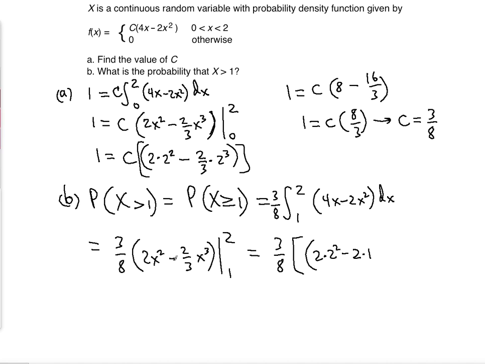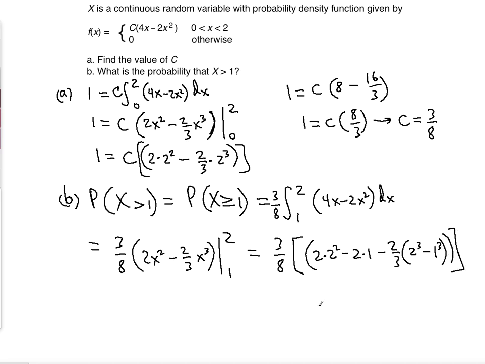Now minus the second term, minus 2 thirds, and this time I want to use parentheses because the minus sign will be distributed: 2 to the third minus 1 to the third.